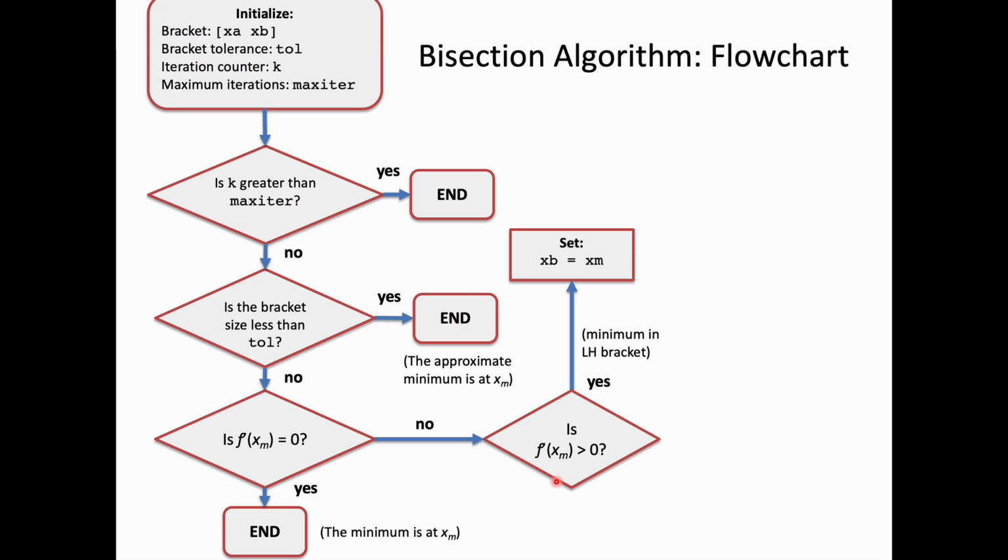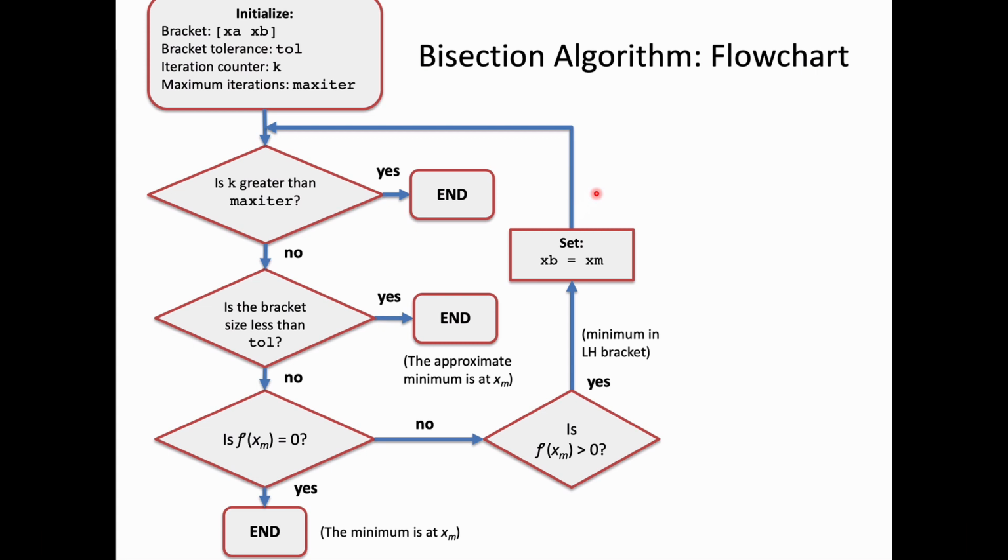We will reset our value of xb, the right-hand side of the bracket, to be xm, the midpoint. And so we've basically just converted our bracket from the full-size bracket to the half-size bracket, specifically the left-hand half-size bracket. And then we go back up here to the top and we go through this process again and go through the next iteration.